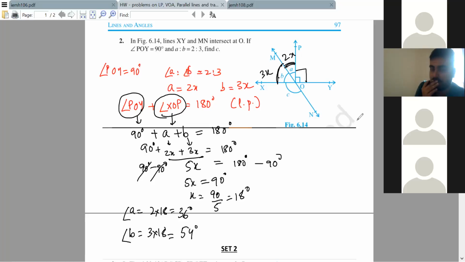Sir, when I was seeing the textbook, I got something else: angle A is equal to 2 by 5 into 90 degrees. It's the same thing, sir, but we are doing something else here. The textbook had a different method, but I converted it for this question.